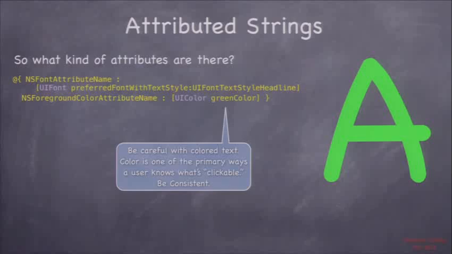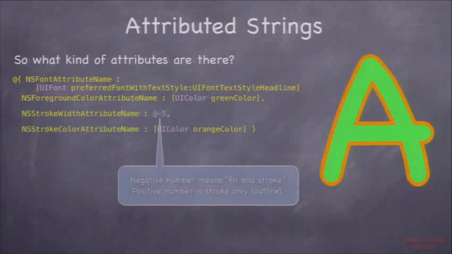But they can be different colors, like orange, depending on what tint you want your app to be. Whatever the color of your app is, that color you can usually tap on. That's the color of text on buttons and text at the top of the screen that navigates places. So be careful not to set anything else to be that color unless you can tap on it. Be a little careful with color.